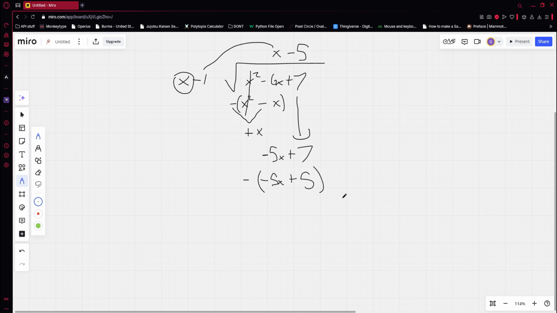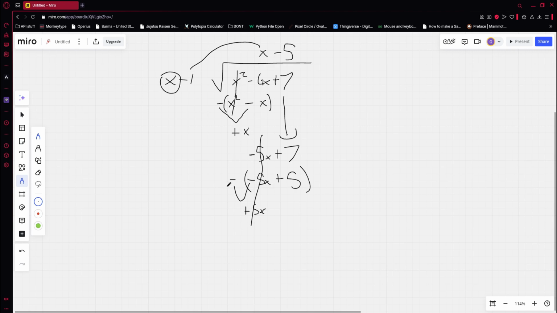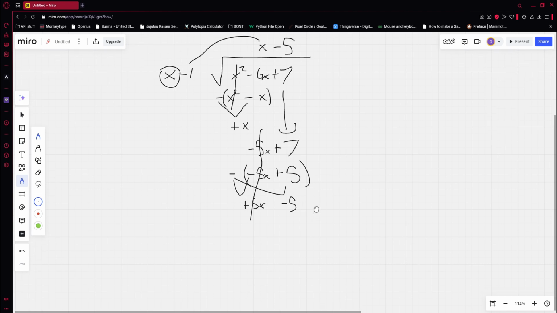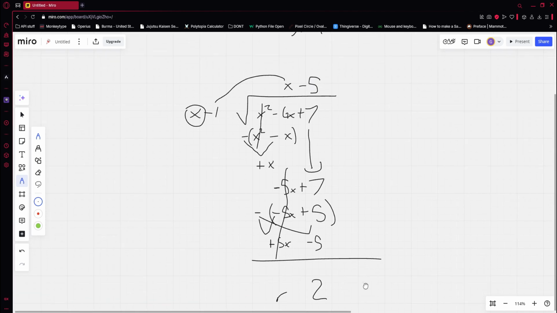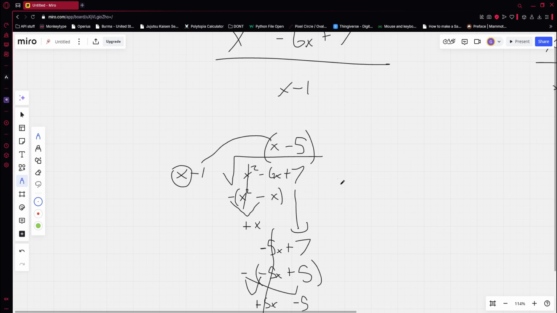So, if we combine these, we get plus 5x. Negative, positive, cancel. How about this? We turn this to negative 5. 7 minus 5. That just gives us 2. So this is just remainder 2. And then we have x minus 5 right here.